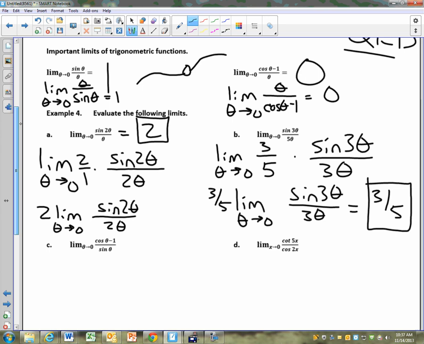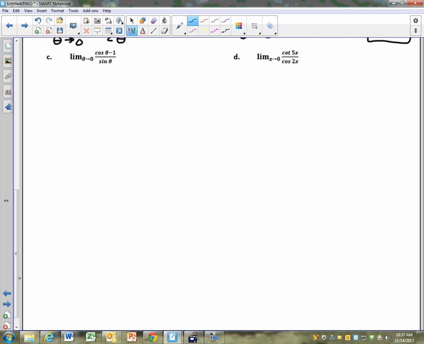And furthermore, if I have a sine of theta on the bottom, I want a theta on the top. Very good, Larry. That's what we're going to do. Limit as theta goes to 0 of, here's what I'm going to do. I'm going to multiply, as Larry said, theta over theta times cosine of theta minus 1 over sine of theta.